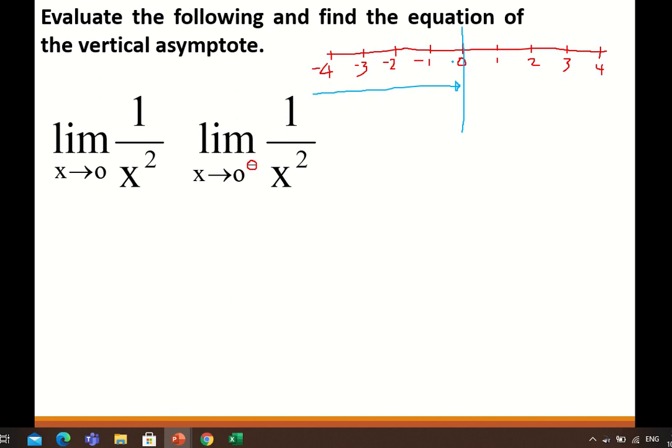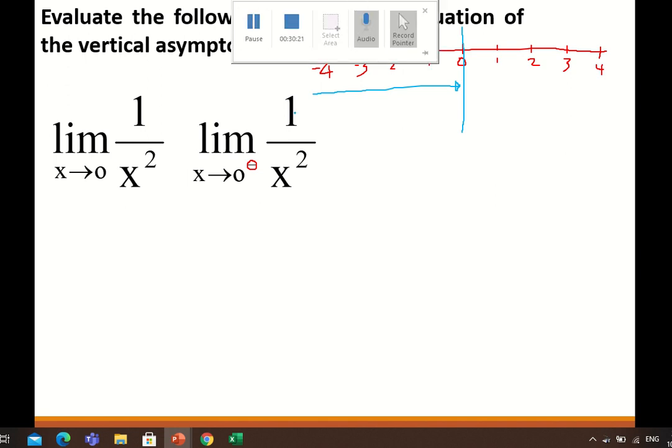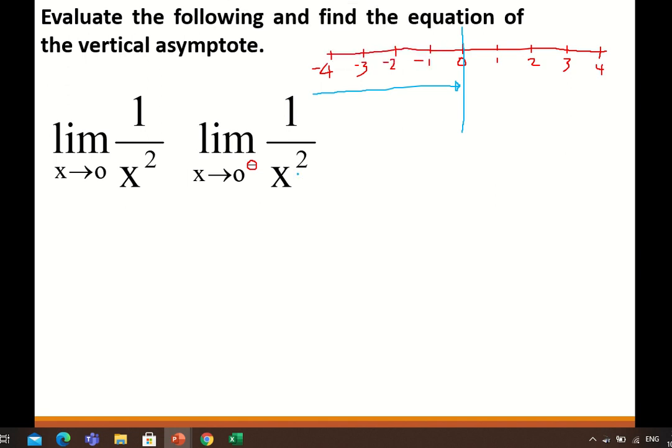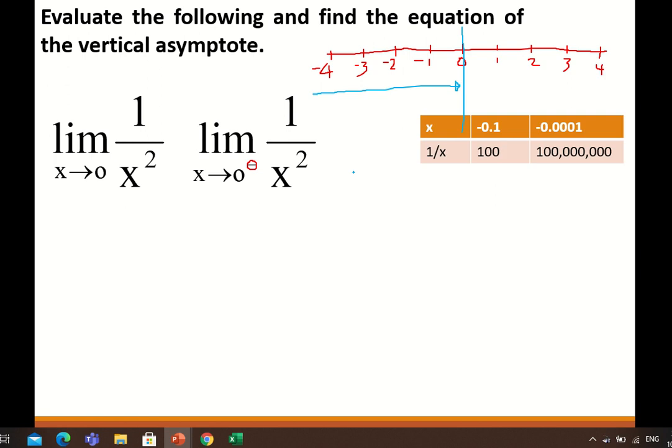When you square that small number, it becomes much smaller. Now we have 1 divided by a very, very small number, so we can expect a very huge number, which we cannot determine, so we call that infinity. But this time this is a positive infinity.